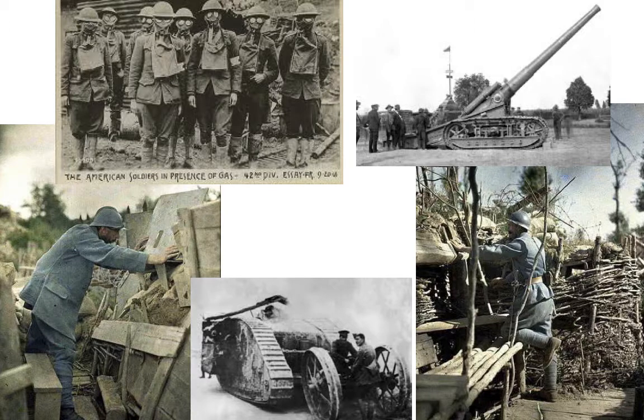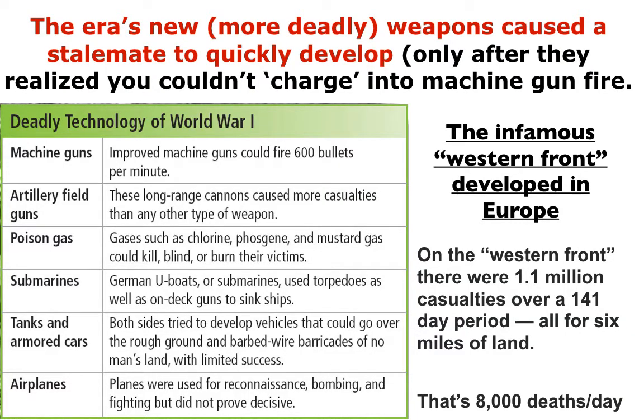If any of you went and saw the Wonder Woman movie in the last 2 weeks, they actually show a scene where they walk through the trenches and talk about no man's land and how no man's land develops between trenches. But what's really relevant is that there were 1.1 million casualties over a 141-day period, and they only moved 6 miles.